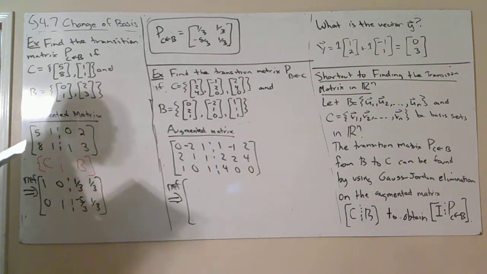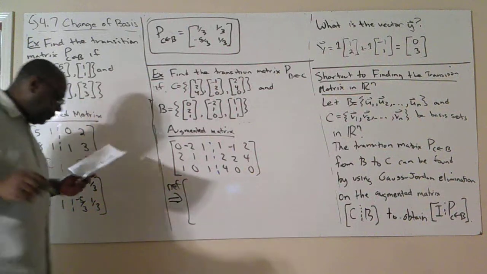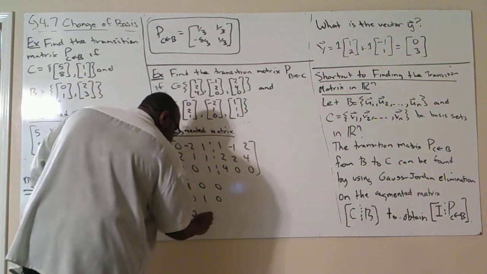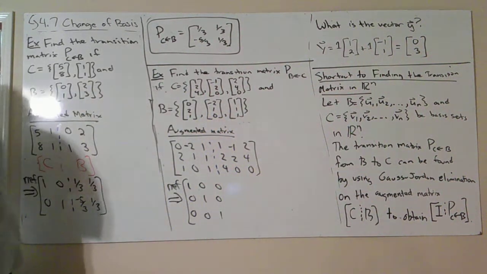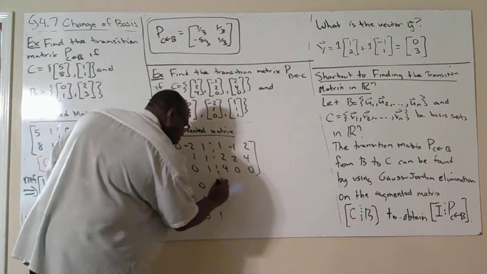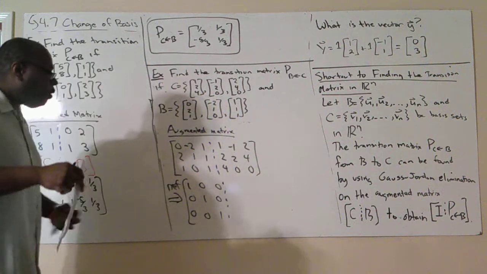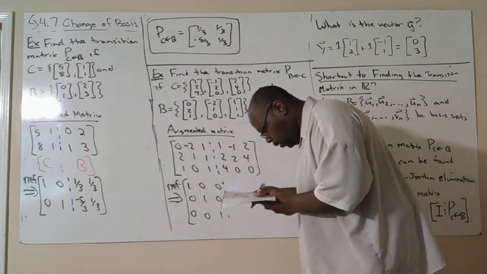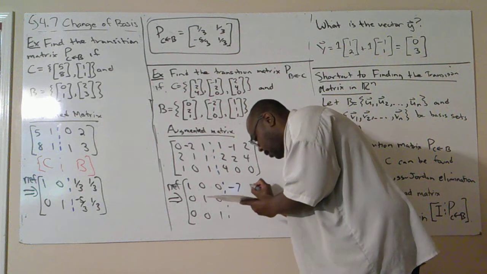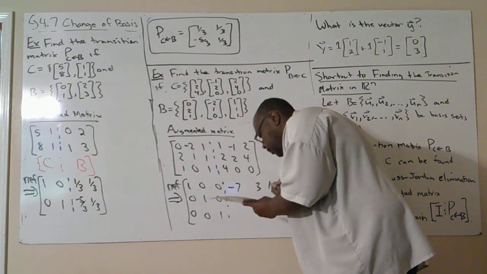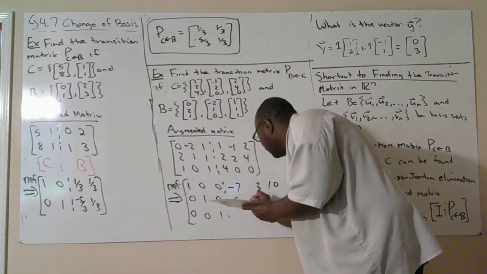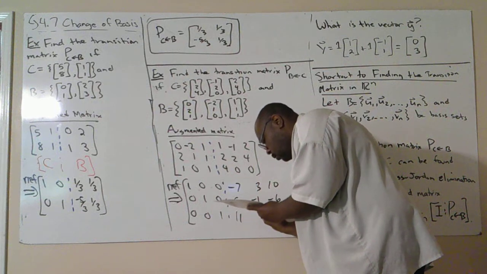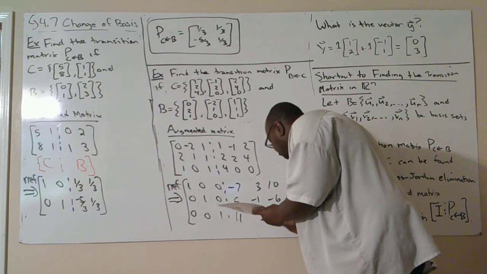And this is what I get when I do that. 1, 0, 0, 0, 1, 0, 0, 0, 1 on the left side. On the right side, I get negative 7, 3, 10, 5, negative 1, negative 6, 11, negative 3, and negative 10.